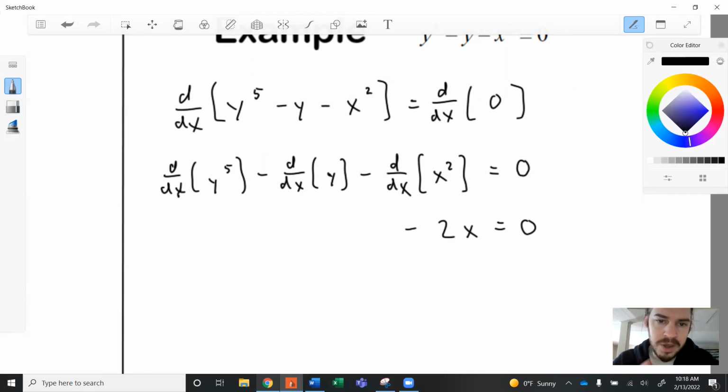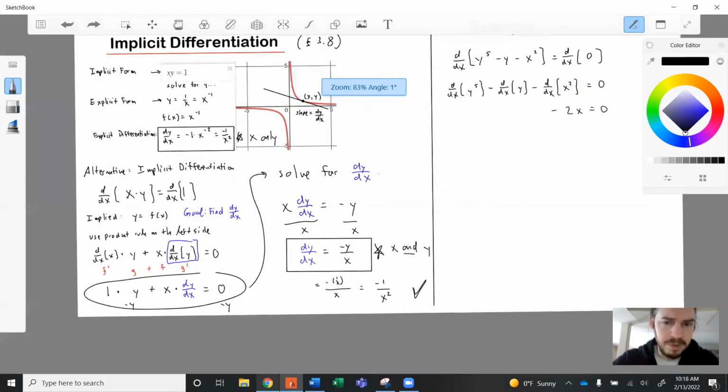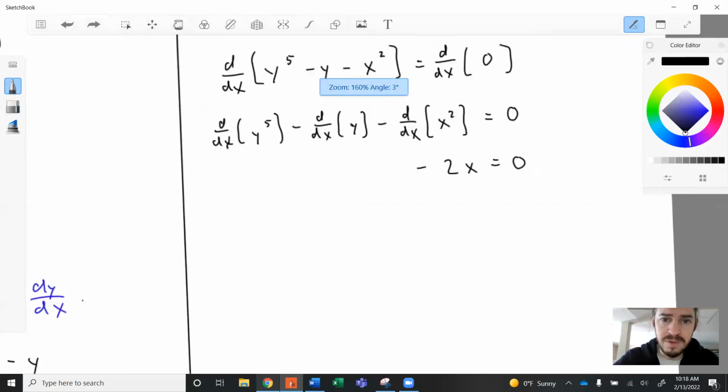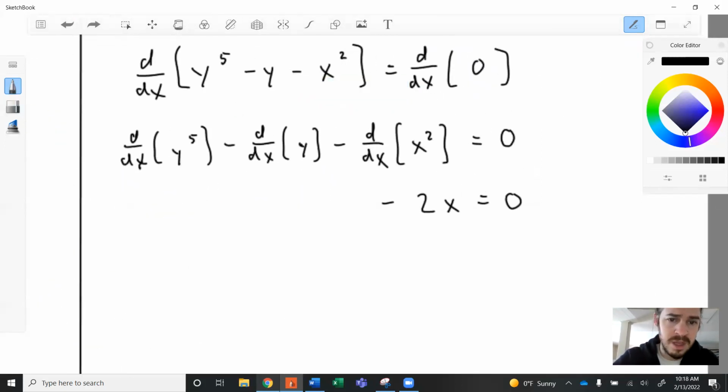Now, the next term going from right to left, the derivative with respect to x of y. Like I said in the previous example, the goal is to find dy over dx. So that thing, the derivative of y with respect to x, we could just write it like that, dy over dx. And we're going to end up solving for that in the end. Okay? And now let's do this one.